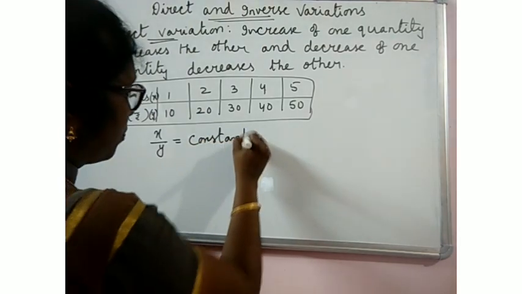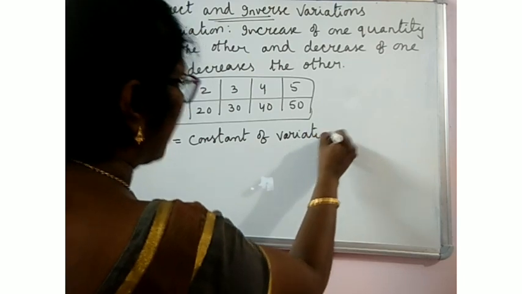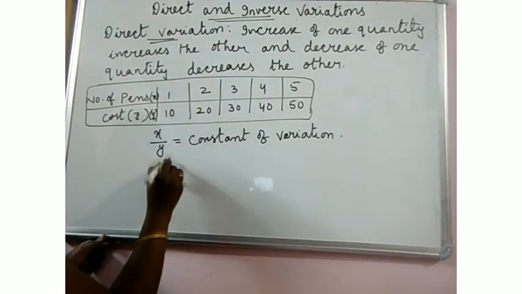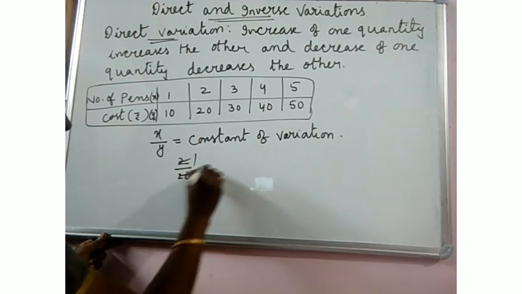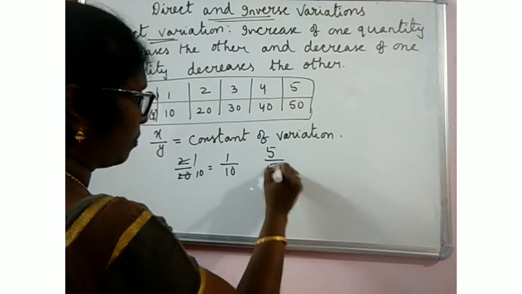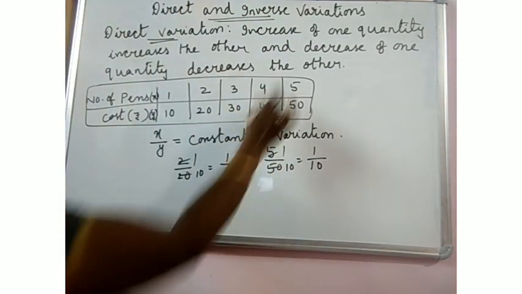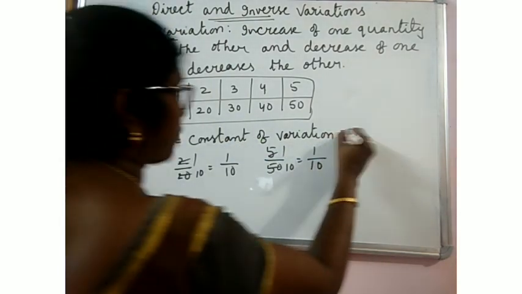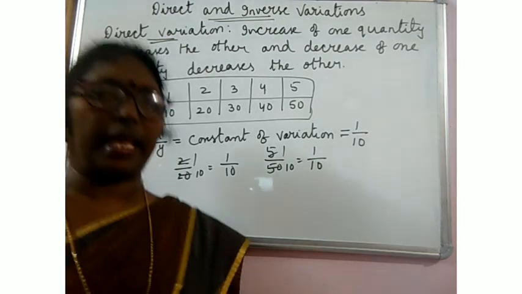Constant of variation. You see, everywhere you see, this is 1 by 10. 2 by 20, if you simplify, 2 ones are 2, 2 tens are 20, 1 by 10, or not? 5 by 50, you see, 5 ones are 5, 5 tens are 50, 1 by 10, or not? In this case, the constant of variation is 1 by 10.